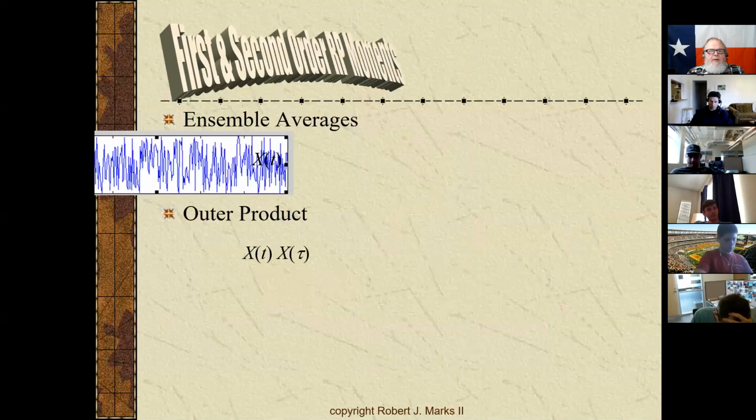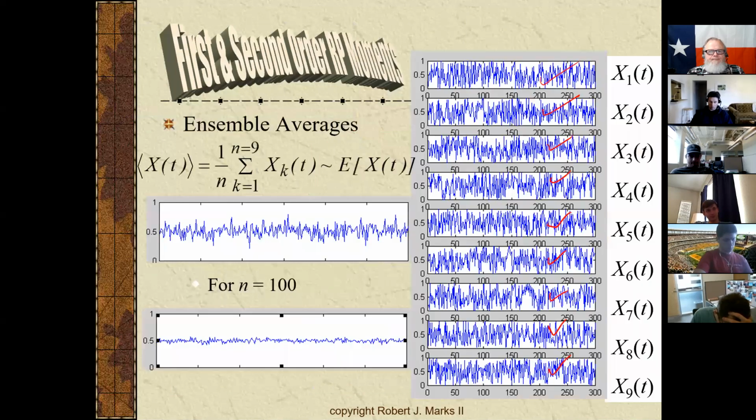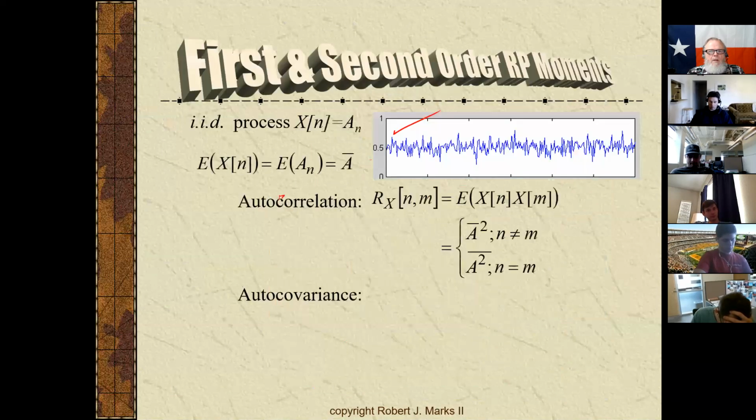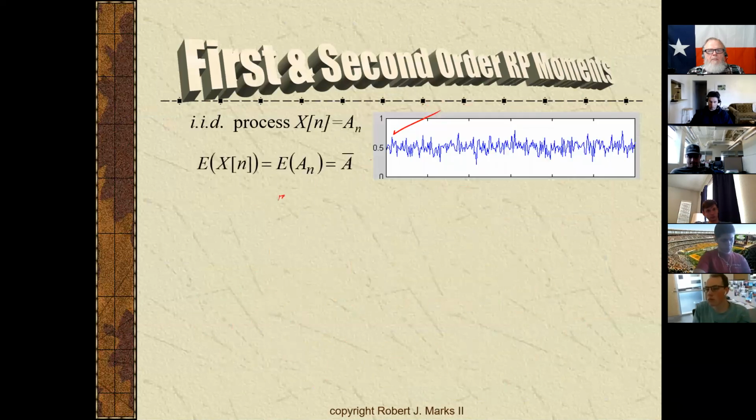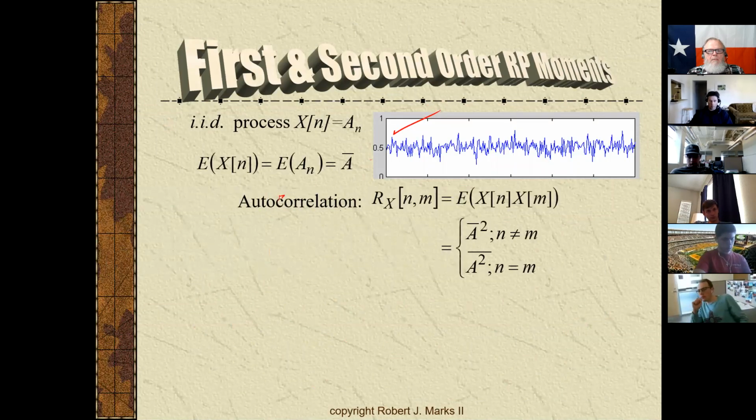So I want to go back up here. Whoops, wrong way. And recall the autocorrelation. And I want to do the autocorrelation here for the expected value of x sub n times x sub m.